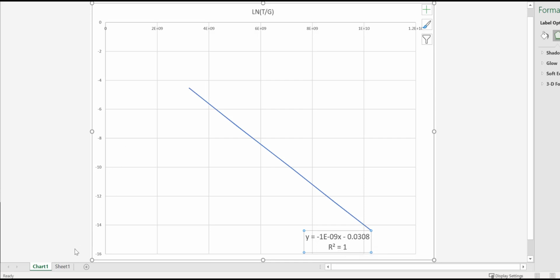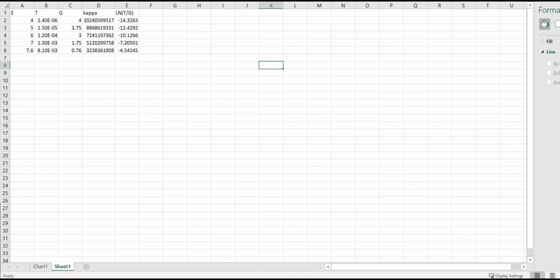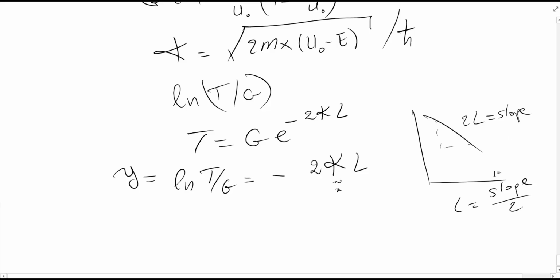Just in case, let me look at my notes again quickly. L should be the slope over 2. The slope in here is negative, so we have to take the slope with a negative sign, because we have this negative business that we have to fix. So it's going to be minus slope because we're looking for a length.